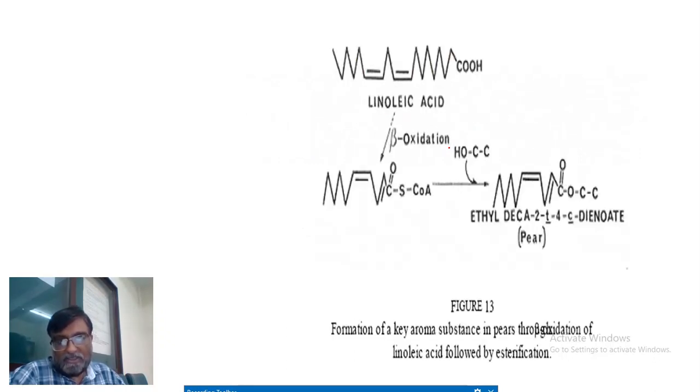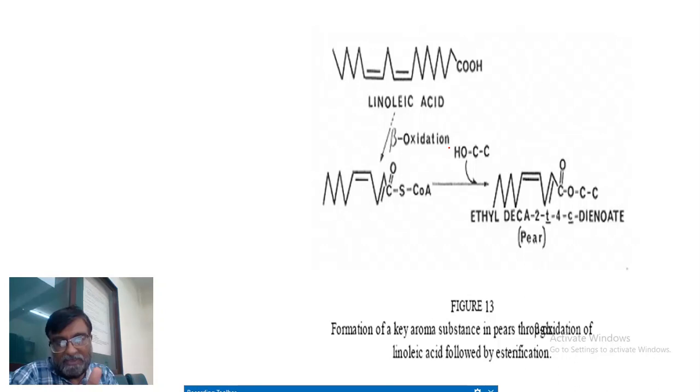Linoleic acid is a fatty acid that can undergo the beta oxidation process, and you know that beta oxidation breaks a fatty acid down by separating two carbon components. Linoleic is an 18 carbon fatty acid.